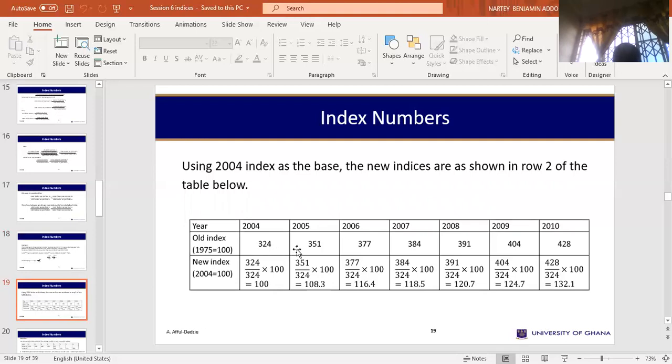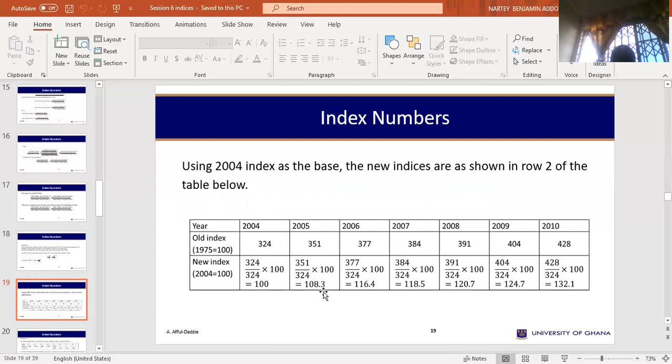So these are the indexes, up to 2010. 324 over 324. Of course, if 2004 is now the base year, then that will be 100.